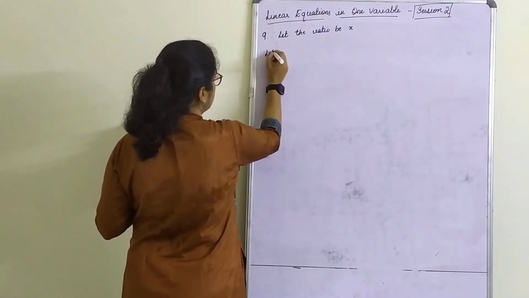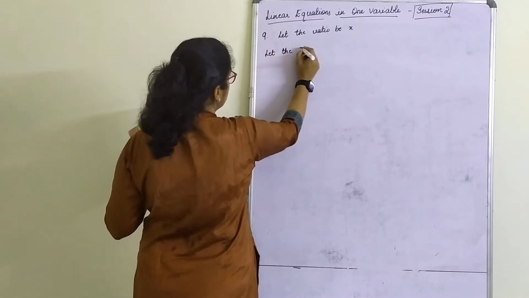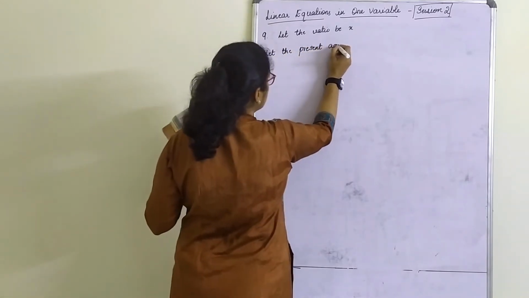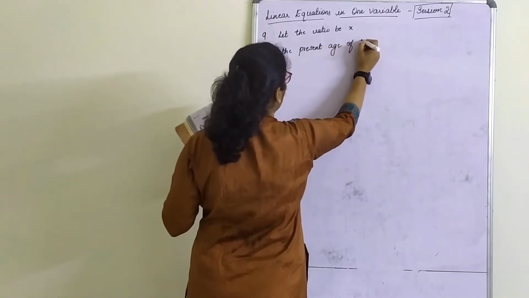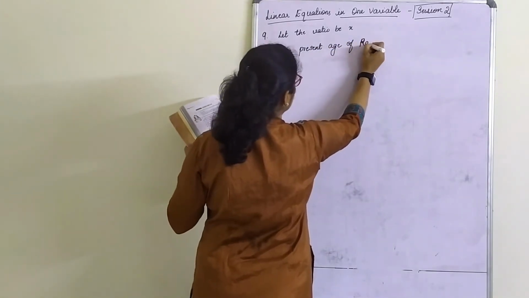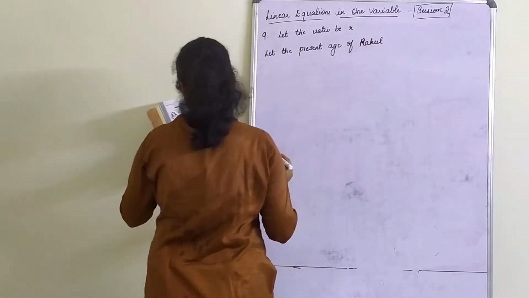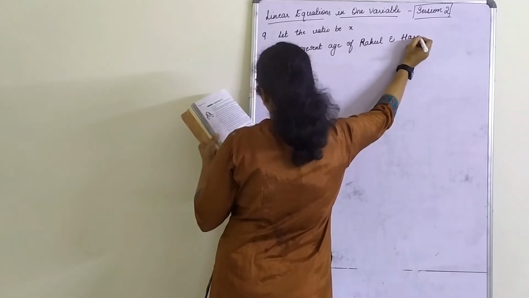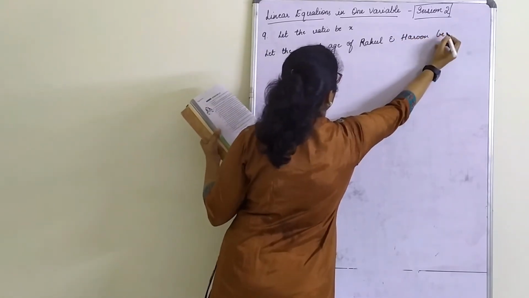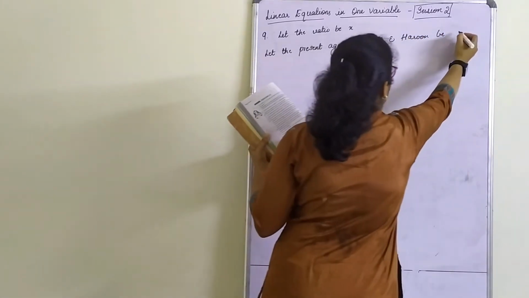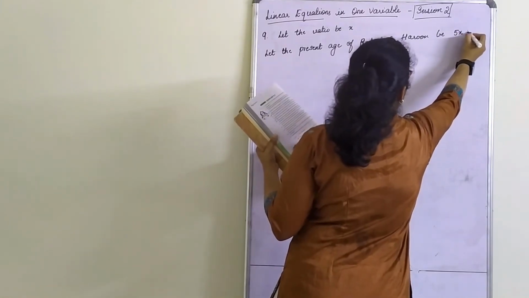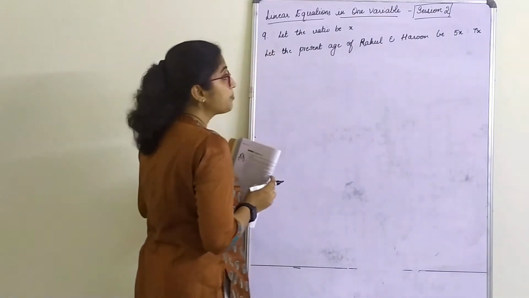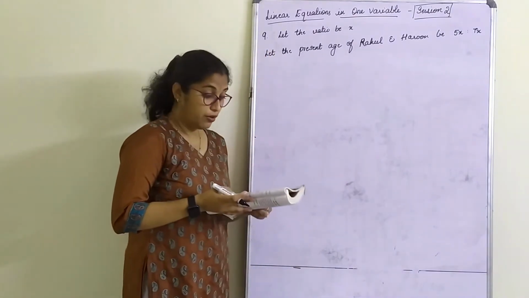Let the present age of Rahul and Harun be 5x and 7x as they have given. 4 years later.